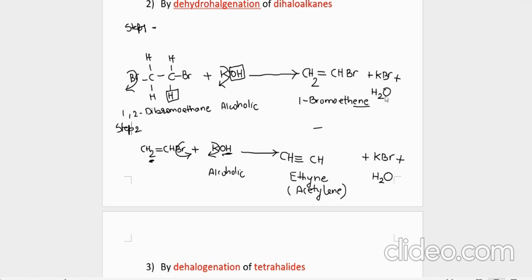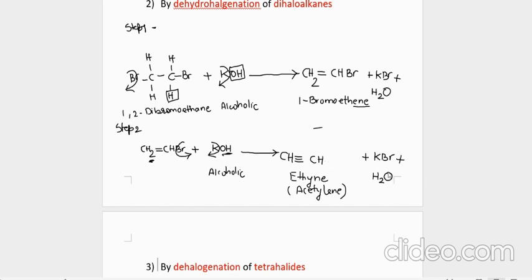Remove it in the form of water molecule and form 1-bromoethene. Then take 1-bromoethene from step number 1 and react it with the second molecule of potassium hydroxide. Again remove the same two byproducts, that is KBr and water molecule, and our final ethyne will be formed.